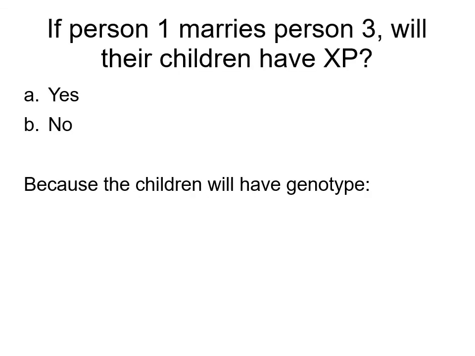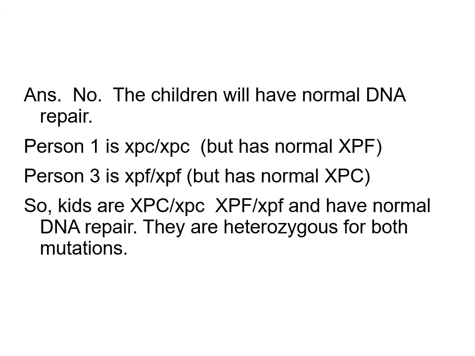Okay. So if person 1 marries person 3, will their kids have XP? Yes or no? Well, the answer is no, because they both have XP, obviously, but person 1 is XPC, person 3 is XPF, and of course the XPC person has normal XPF and all the rest.